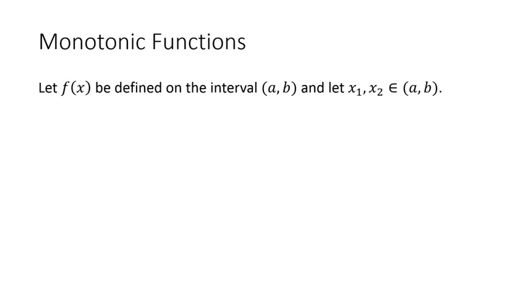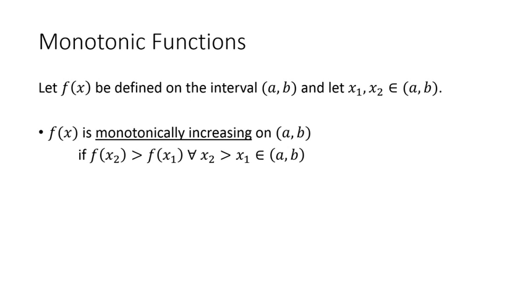Monotonic functions are functions that have the same sign on their derivative over a full interval. I'm going to imagine a function f of x that exists on some interval, and say that there are 2 points within that interval where the function is defined. We say that the function is monotonically increasing on that interval if the value of the function at x2 is greater than the value of the function at x1 for all possible pairs of points where x2 is greater than x1.